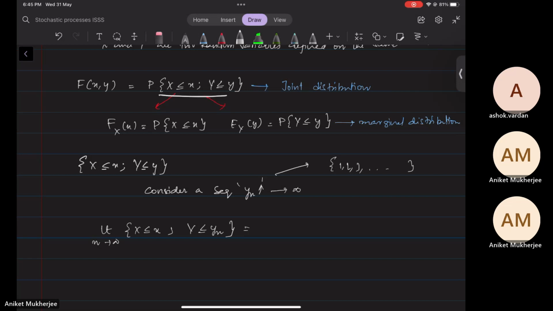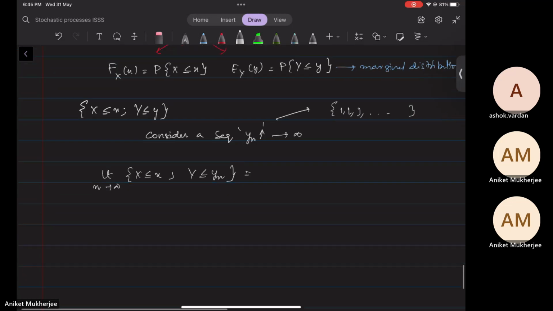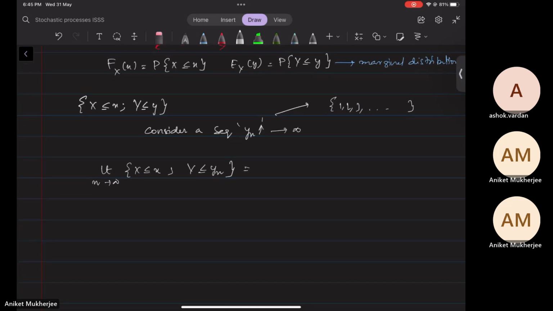Now we're talking about the limit of sets. So now you have many sets. My claim is that these sets are all increasing events. Why are these increasing events?